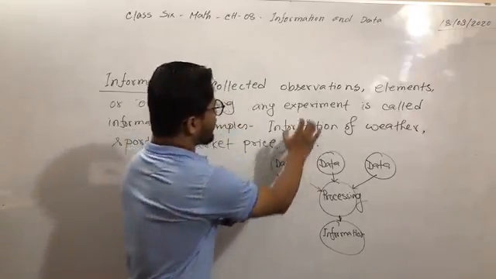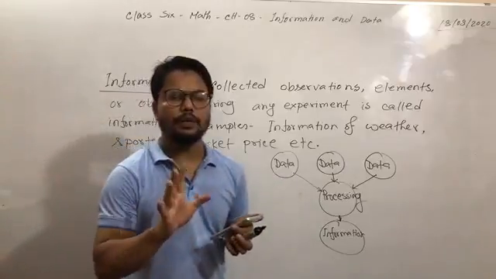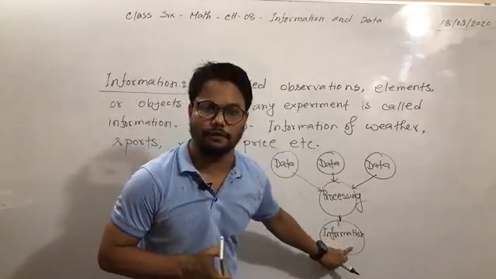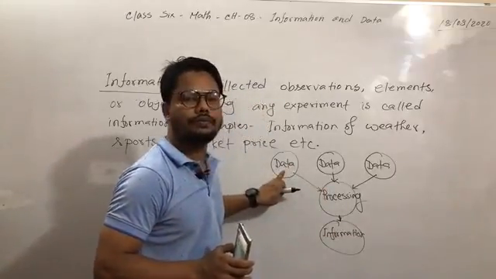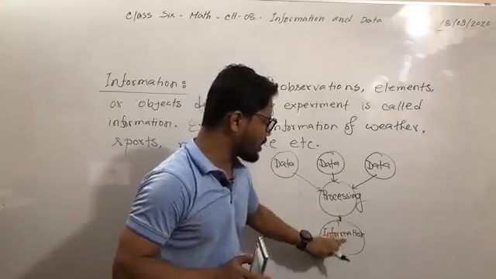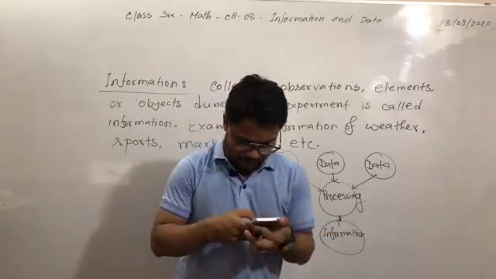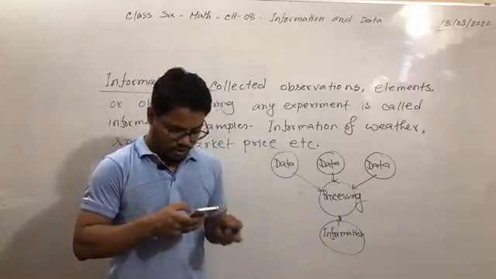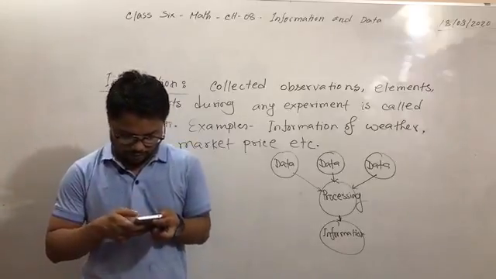So definitely information is dependent on the data. If you do not collect the data, you will not get the overall informations. Data processing result is the informations, in a meaningful way according to the given requirements.